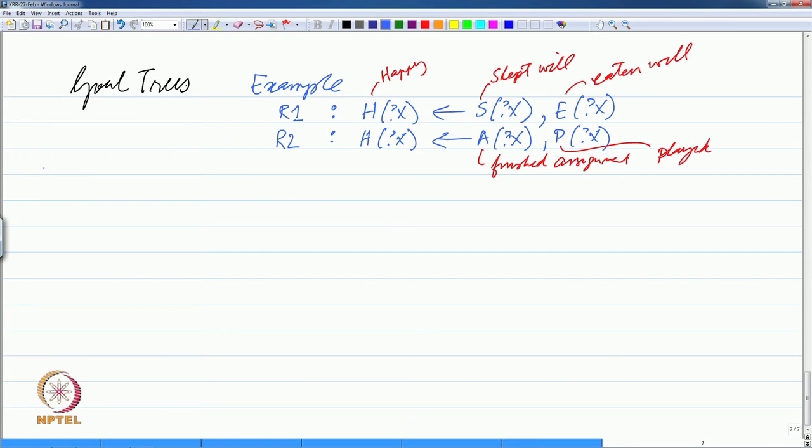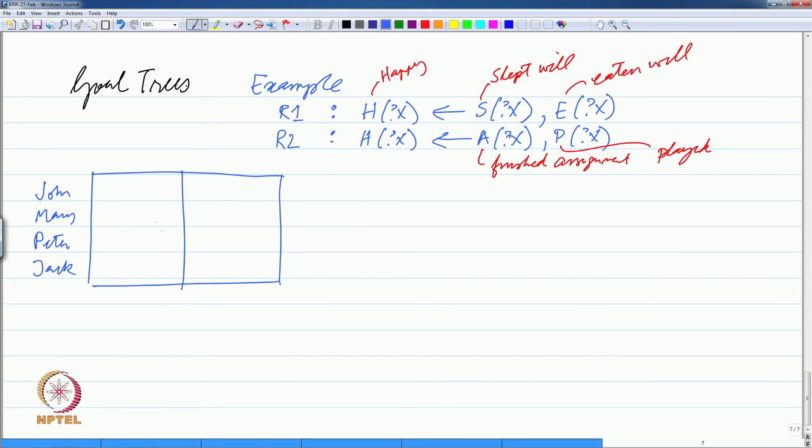Let us say we are talking about some people, John, Mary, Peter, Jack, and we have some sort of a relational table. So, this is for S, this is for E, this is for A, this is for P.